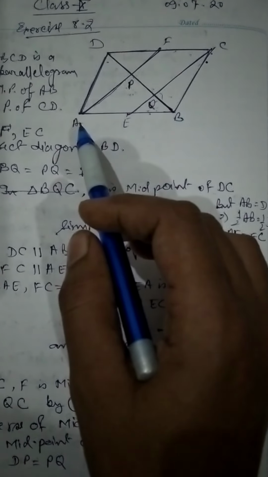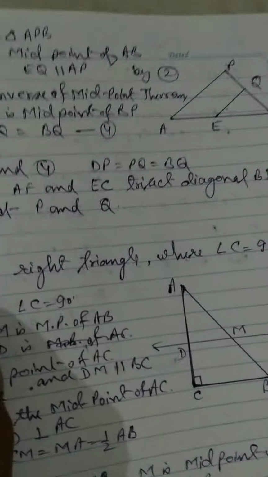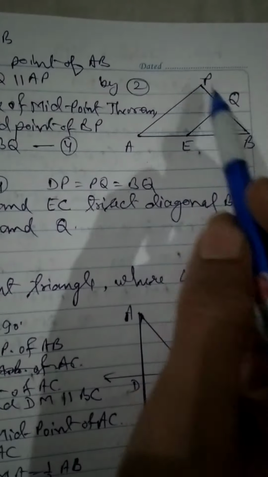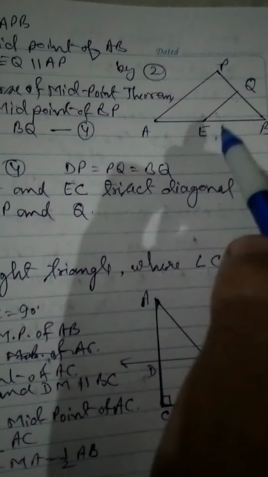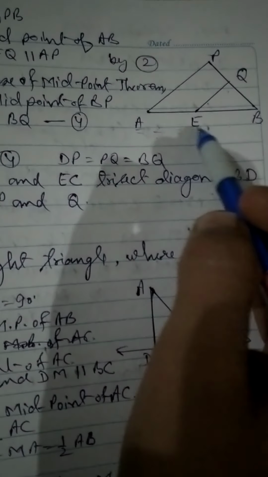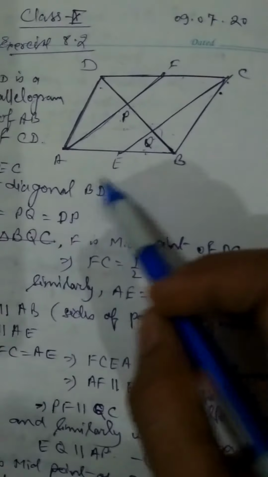Now this is proved in triangle DQC. Now come to the lower triangle APB. In triangle APB, E is the midpoint of AB. It is given. AB is the original side of the given parallelogram.